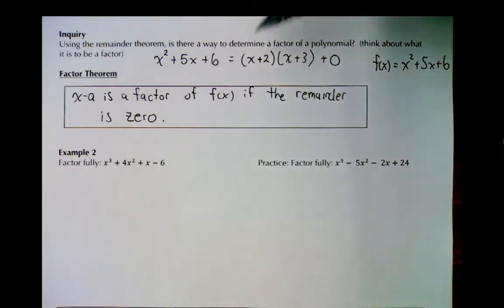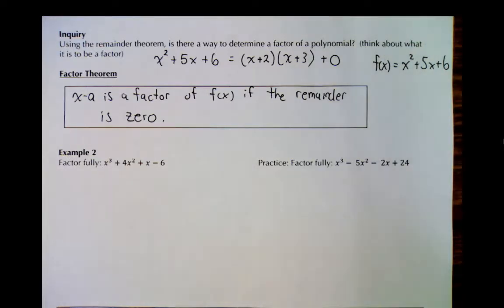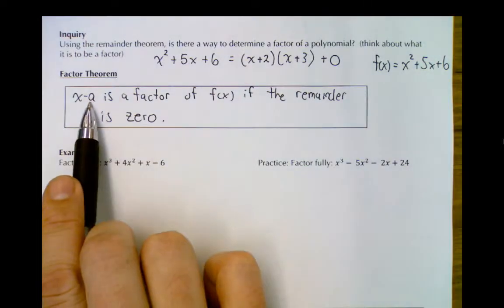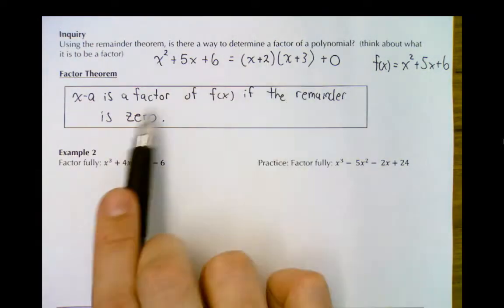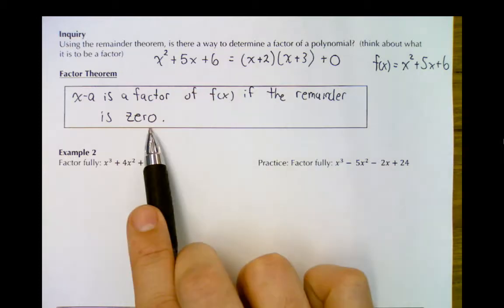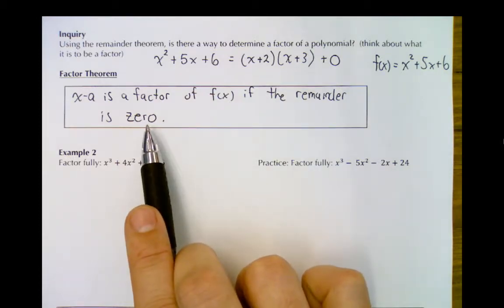But we know that -2 and -3 are zeros for this quadratic. They're the x-intercepts. So if we plug in -2 or -3 into this function, we should be getting 0 for y, because they are x-intercepts. And that's essentially the remainder theorem. If you plug in a, or in this case -2 or -3 into our function, we should get a remainder of 0. If they're factors.